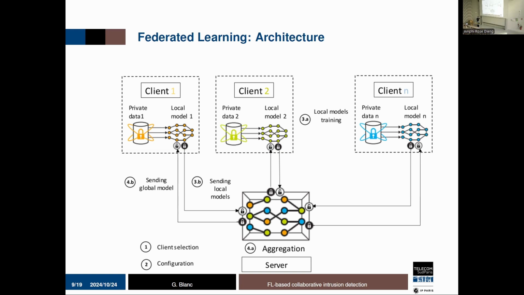These clients use this aggregated model to do detection. What I hoped when I started this project is that we could gain knowledge from the different participants so that overall all the participants could be immune to most attacks.